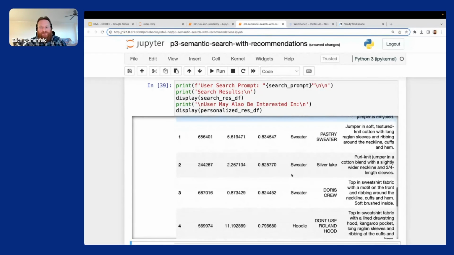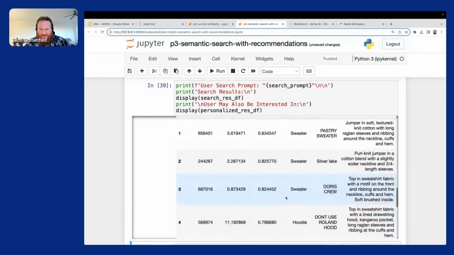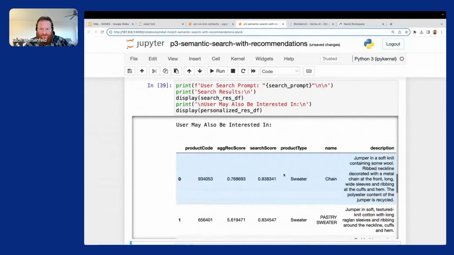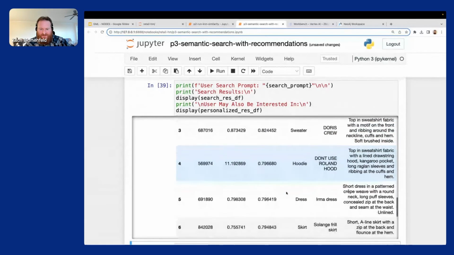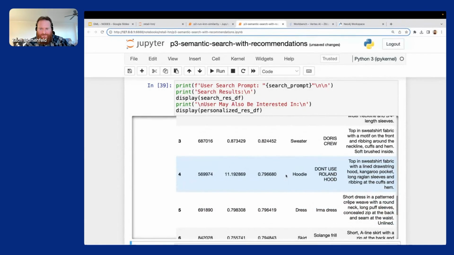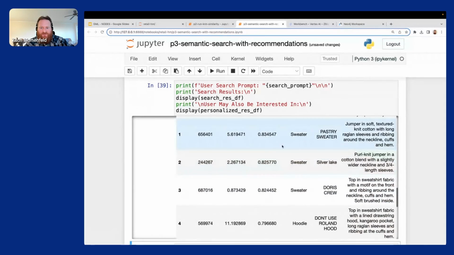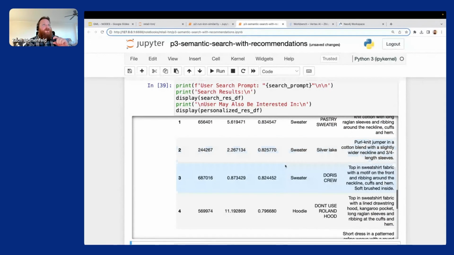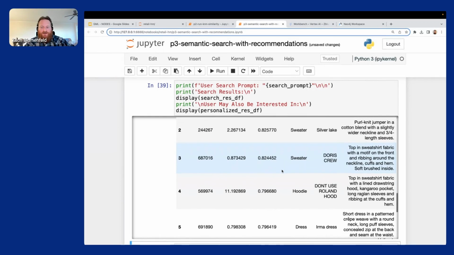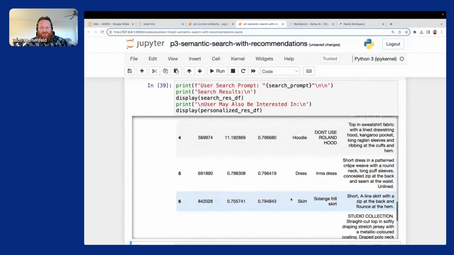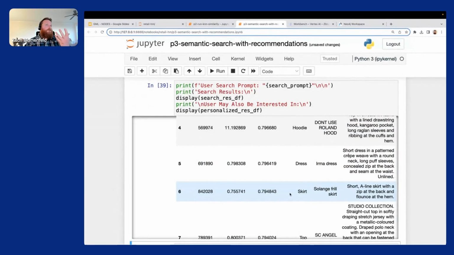And I think there's a sweater in here that they bought before. But what you'll notice is that a lot of these elements, if I were to go back to the top, would be very similar to what they've purchased before, and then it would give some additional recommendations based on the search prompt. And obviously, some things like a dress or a skirt or other things that might go with the sweater.